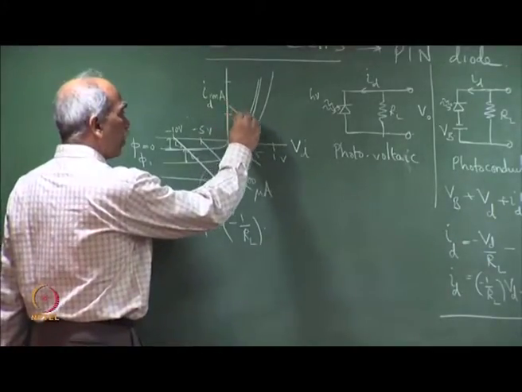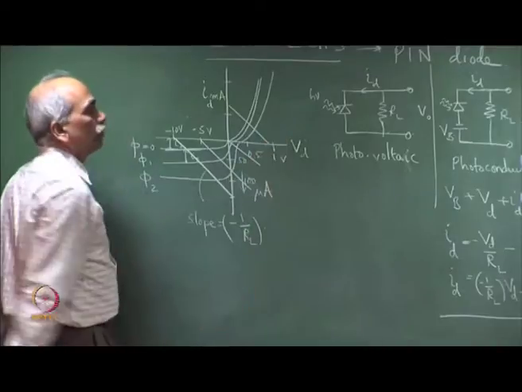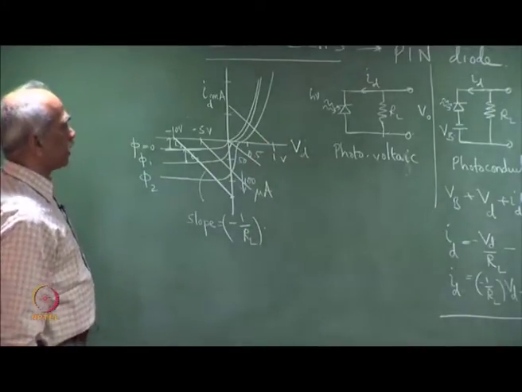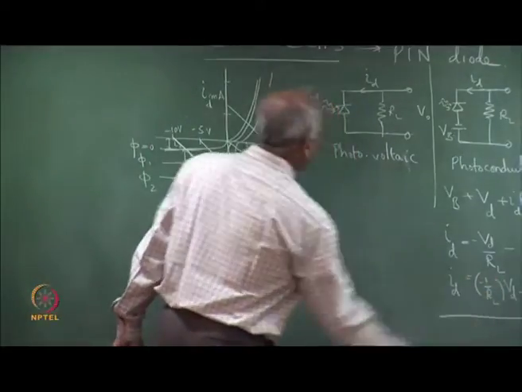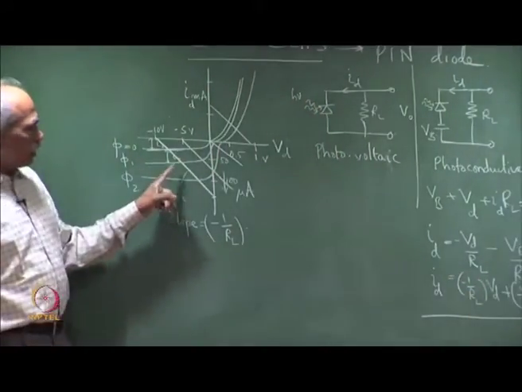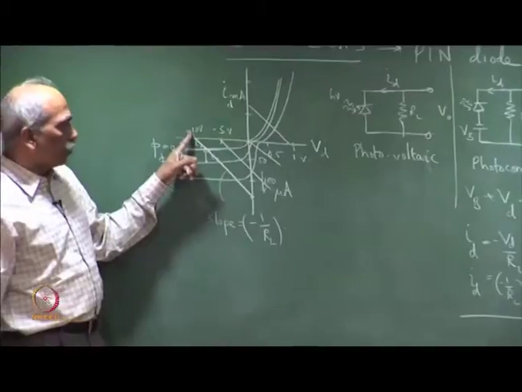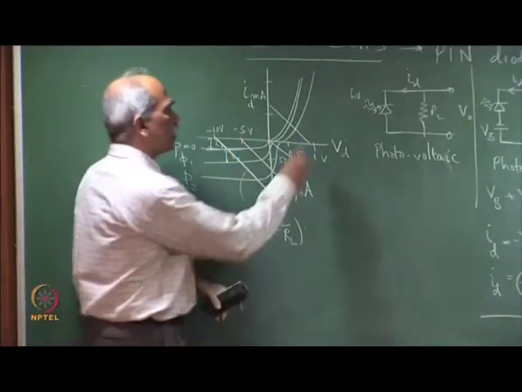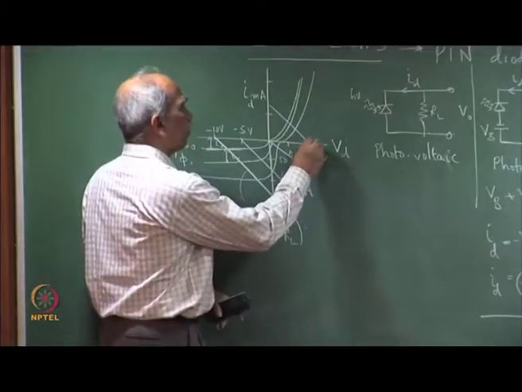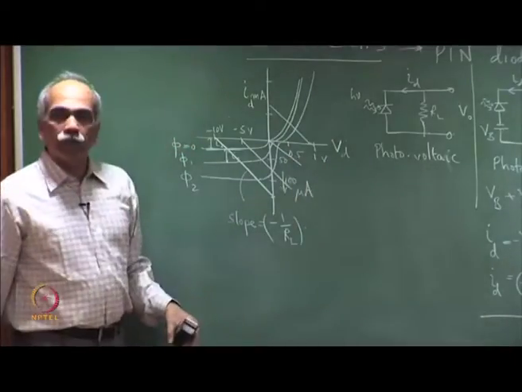Please note that all of them are parallel. The slope remains the same. So this is reverse bias minus 10 volt V b, this is minus 5 volt, 0 volt, and this is forward bias, let us say 1 volt forward bias.